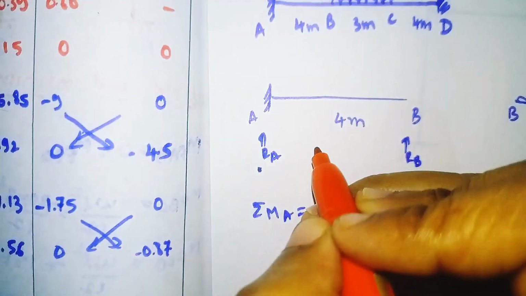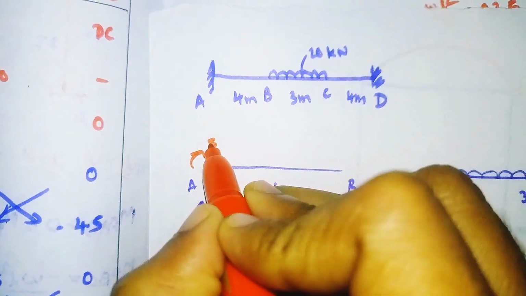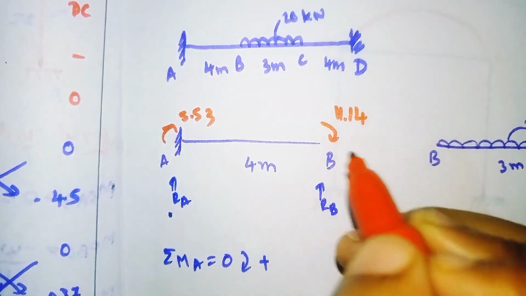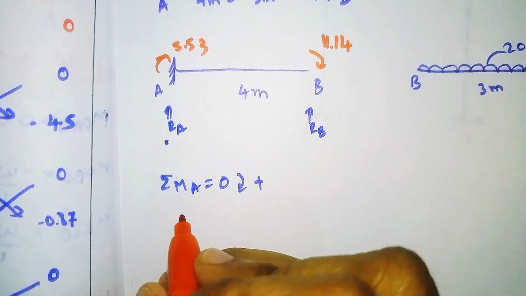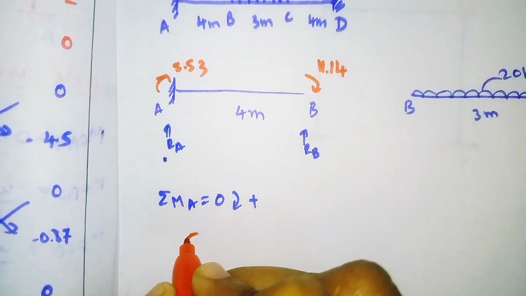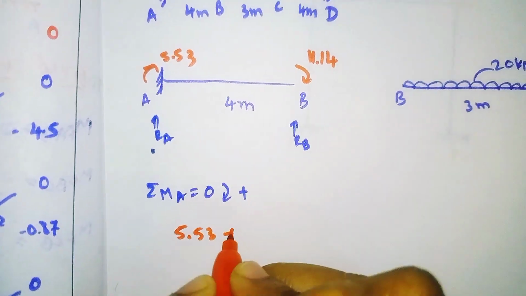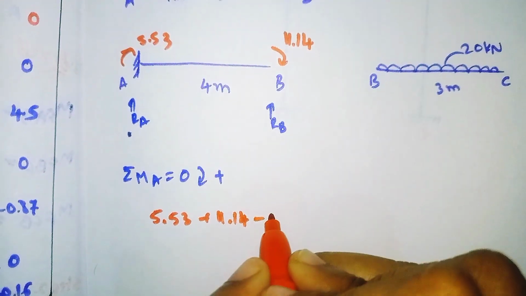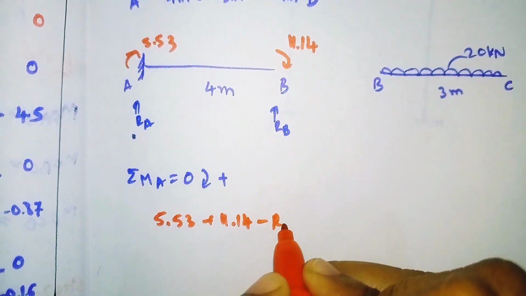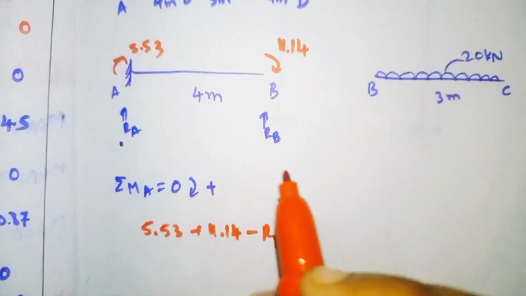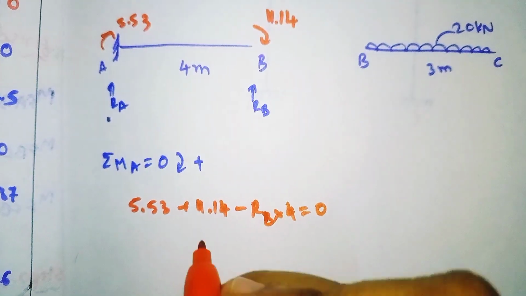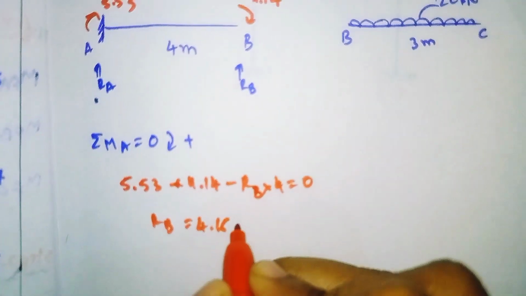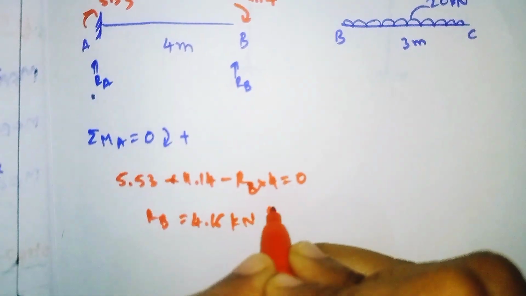So if it is clockwise, it means positive 5.53 plus 11.14 minus RB. So it is anti-clockwise. So RB into distance from here to here is 4, 4 is equal to 0. So if we solve, we'll get our RB value as 4.16 kilonewton. So positive value, it moves upward.